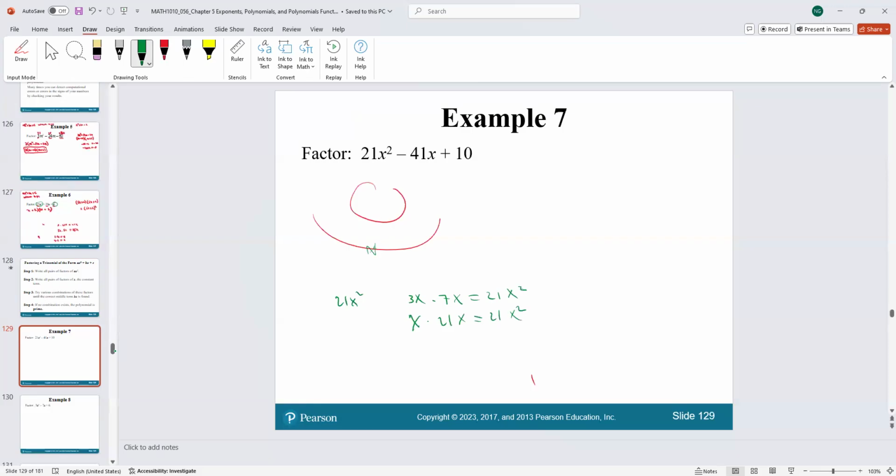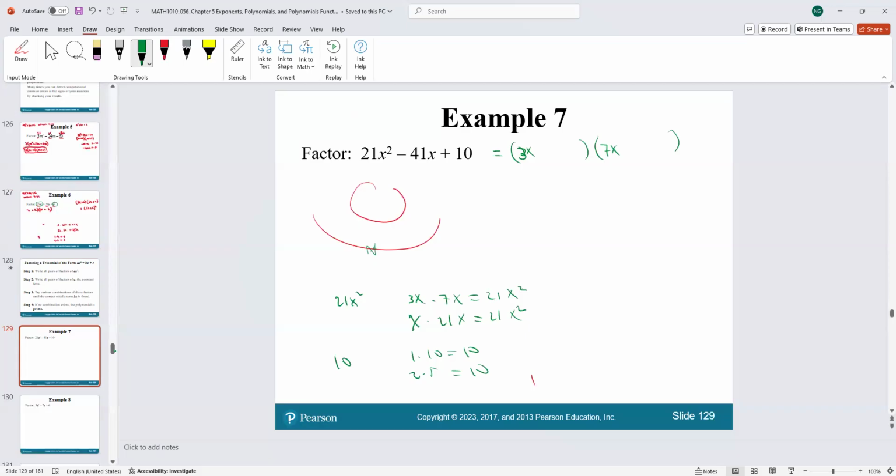If I take 10, 1 times 10 gives me 10, and 2 times 5 gives me 10. Now, there are different ways of trying it. If I do 3x times 7x, okay? Now, what's going to happen with 10?